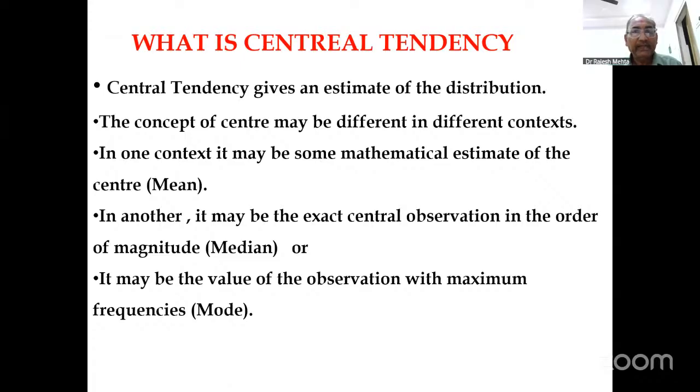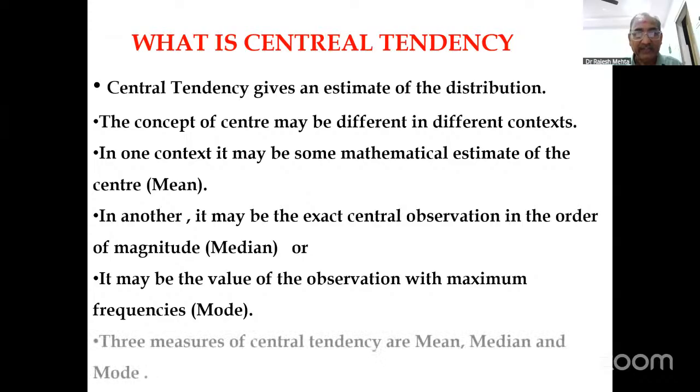So three things: mean, the total divided by number of observations; median, the middle value; and mode, the most frequently occurring. These three measures of central tendency are frequently used in different contexts.